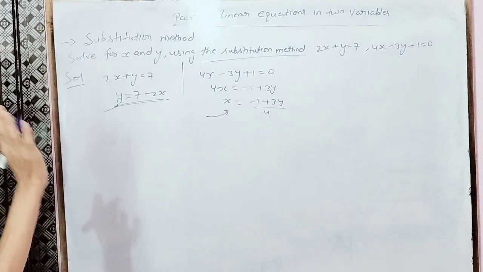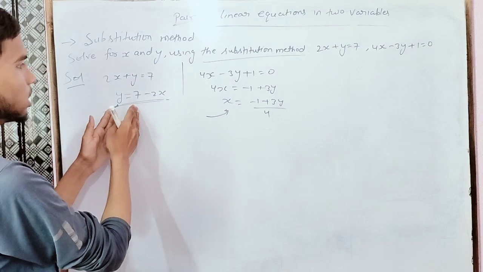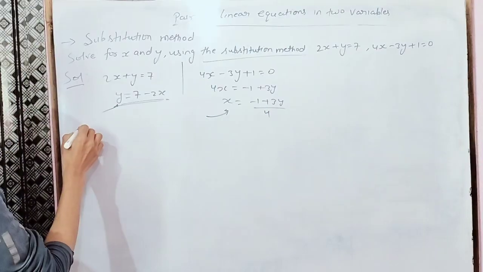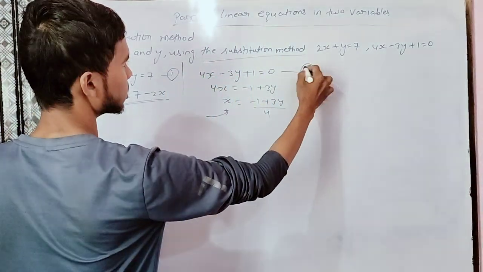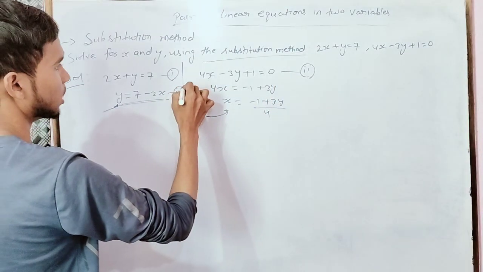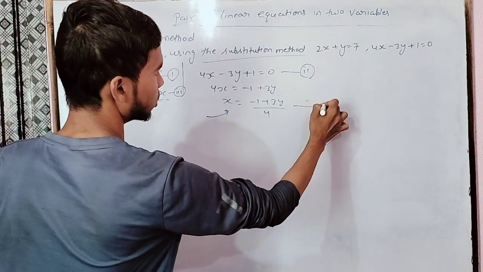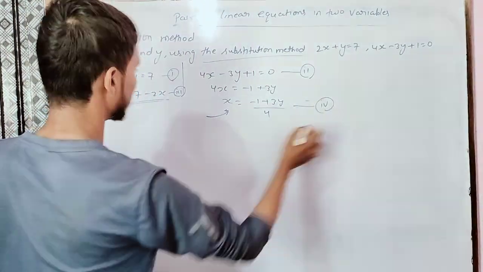Now I am putting this in this equation. So we can say this was the first and this was the second equation. This is the third and this is the fourth, so that we can identify easily.